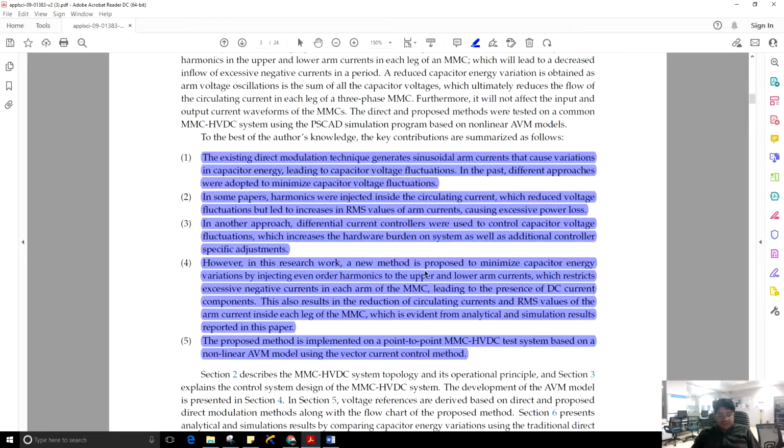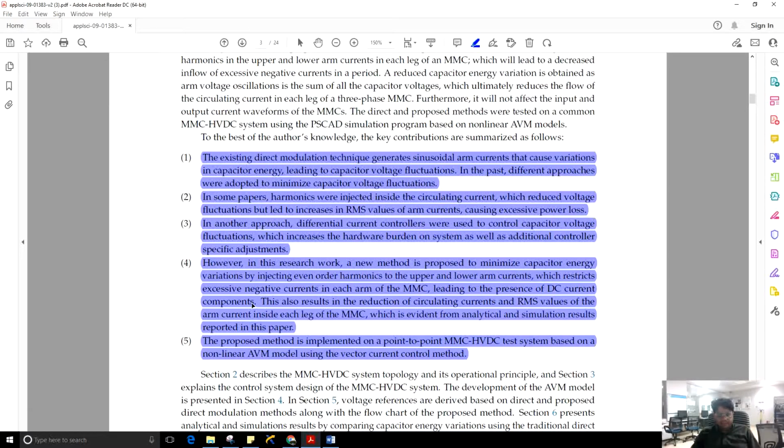However, in this research work, a new method is proposed to minimize capacitor energy variations by injecting even order harmonics to upper and lower arm currents, which restricts excessive negative currents in each arm of the MMC, leading to the presence of DC current components.